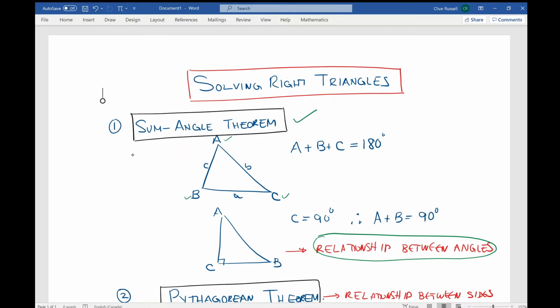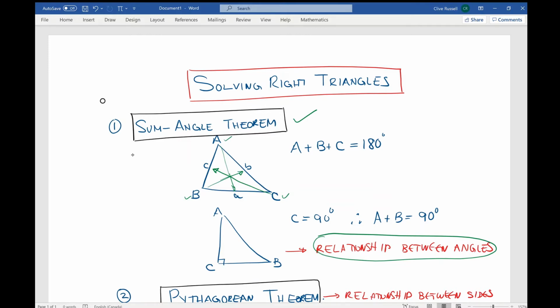So opposite angle C would be lowercase c, opposite angle A would be side a, opposite angle B would be side b. But the sum angle theorem is a relationship between only angles. So it says that angle A plus B plus C equals 180.